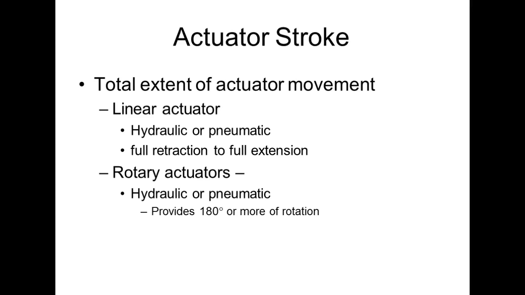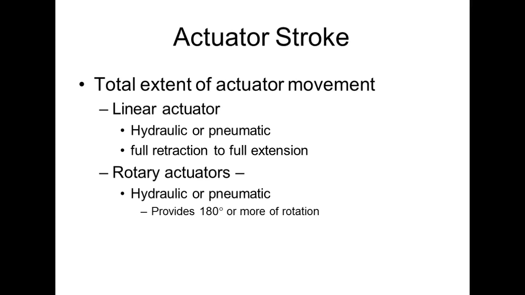Okay, so we already talked about linear actuators and rotary actuators. Are we okay there? So what's a linear actuator? These are actuators that generate a force in a straight line or move in a straight line. Rotary actuators, these are actuators that move in an arc. These can be electric.